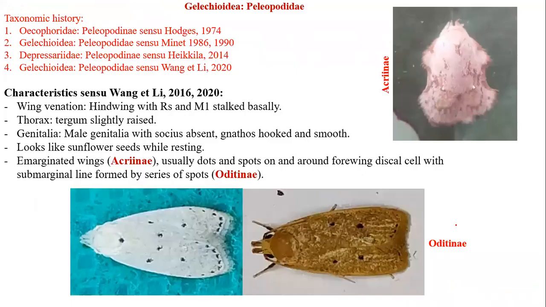Now, next family, Paleophoridae. It has a very long history in its taxonomy, because sometimes it was considered a subfamily and sometimes a separate family. For example, once this group was considered a subfamily belonging to family Oecophoridae in Hodges 1974.